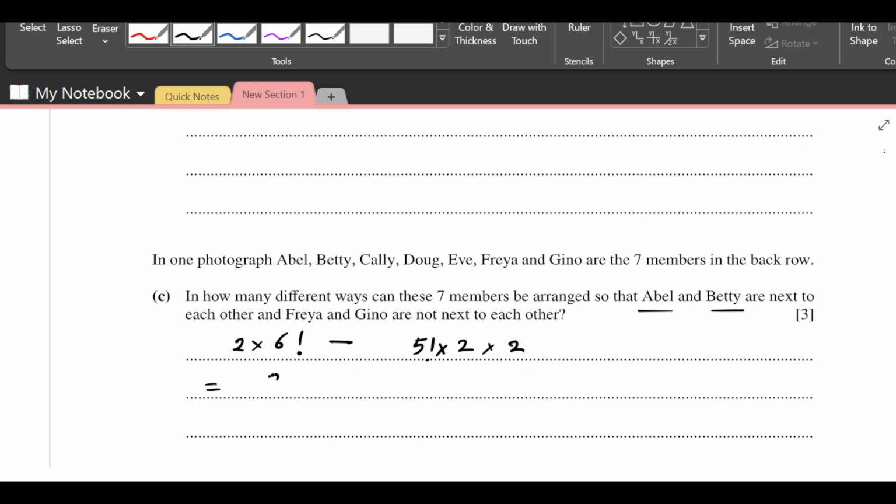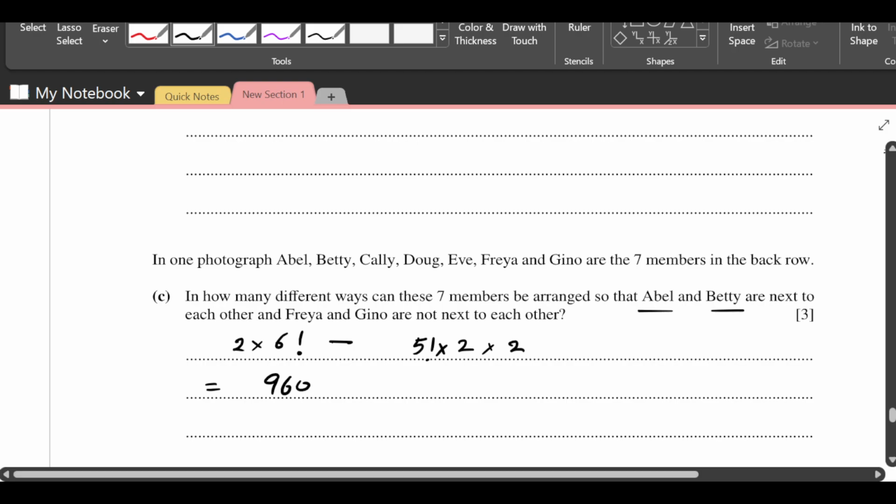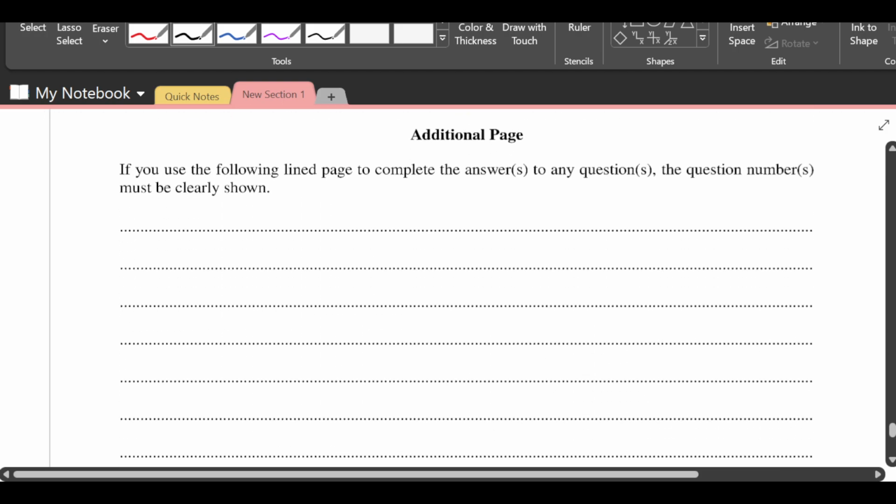So 960. So for C, the number of options is 960. Okay, that's it.